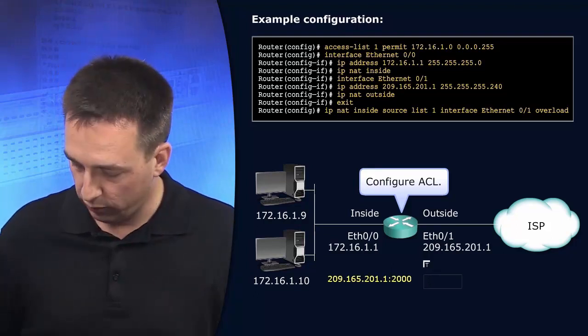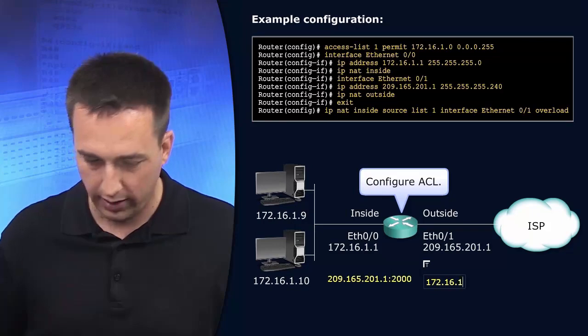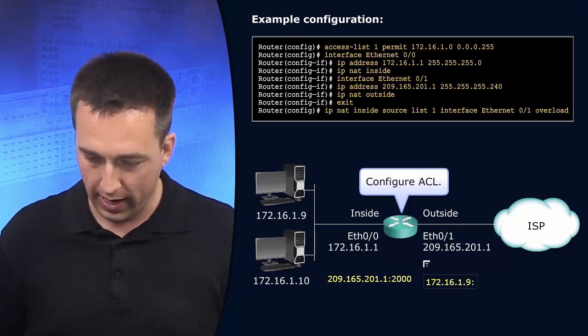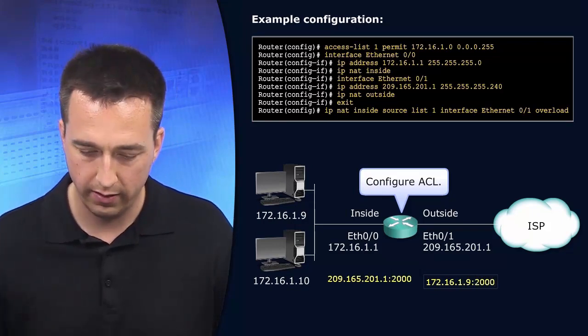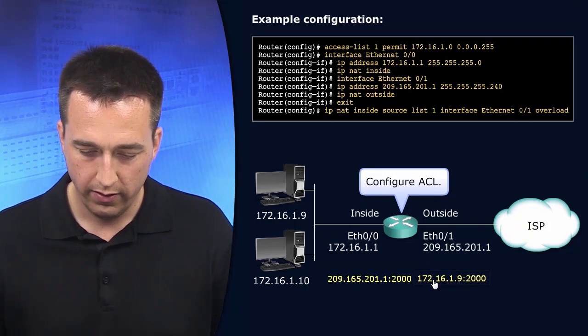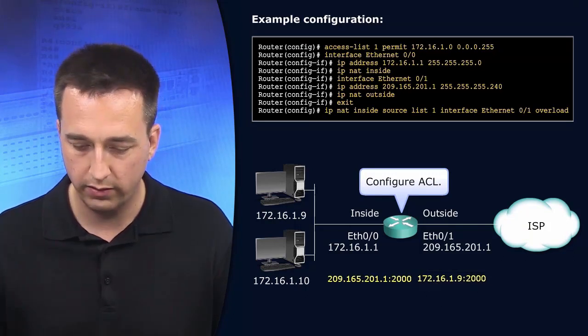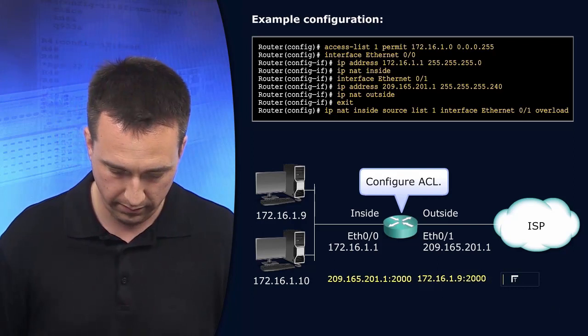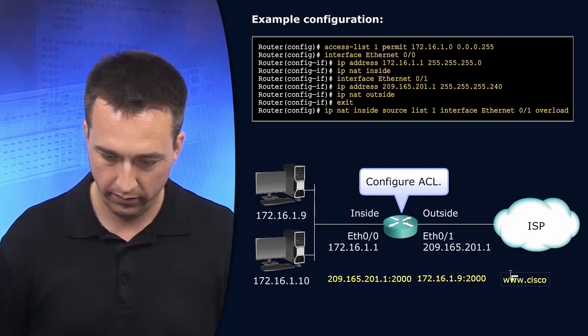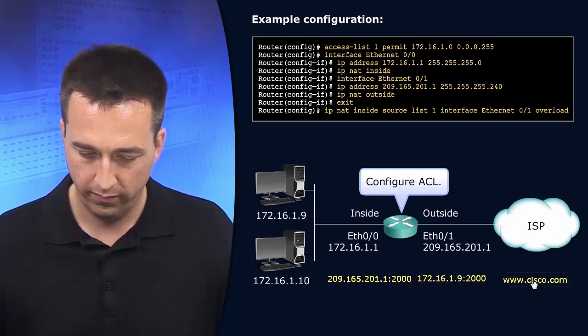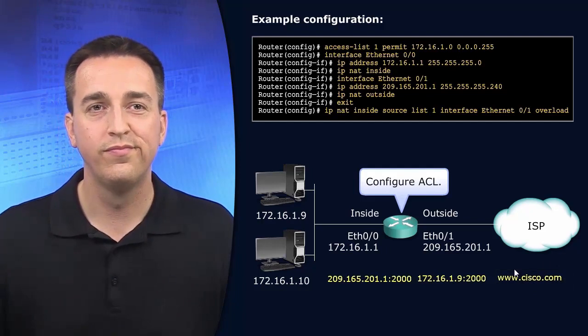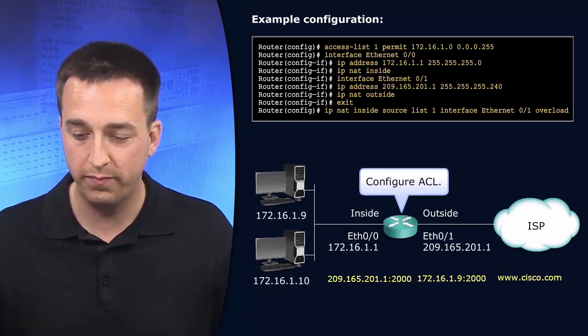What is the local address? 172.16.1.9, 2000. There it is right there. And then we're going where? www.cisco.com. So what happens with the other client?